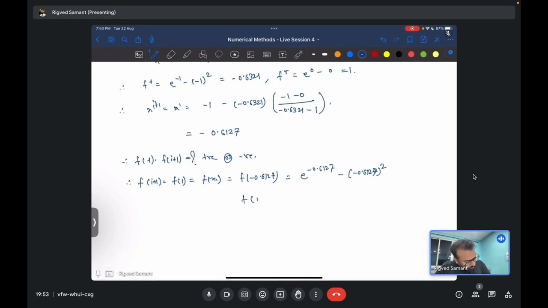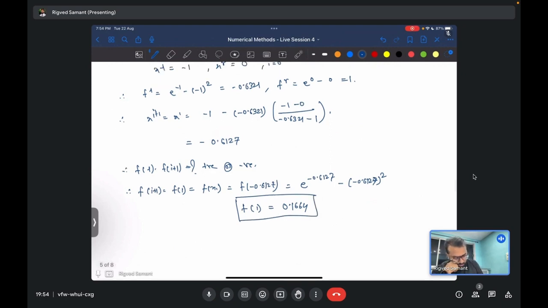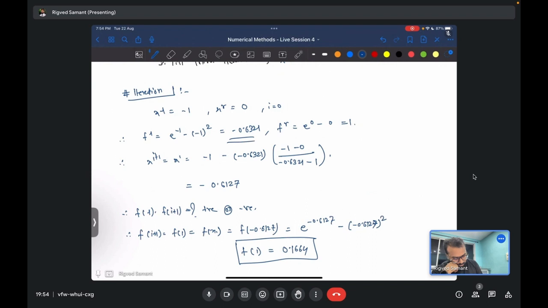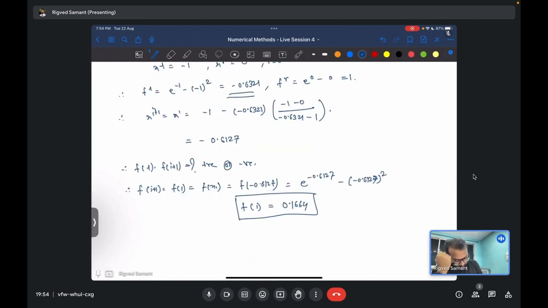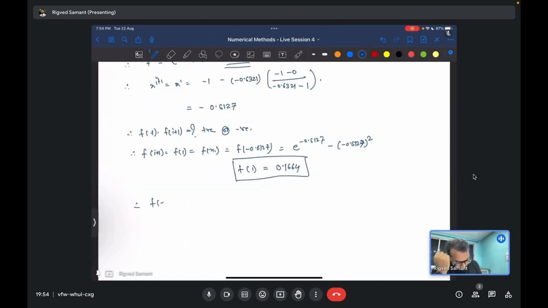So f1 would be 0.1664, and this is your fR. So negative into positive, therefore fL into f1 is negative, implies xR should be replaced with x1. xL remains the same.